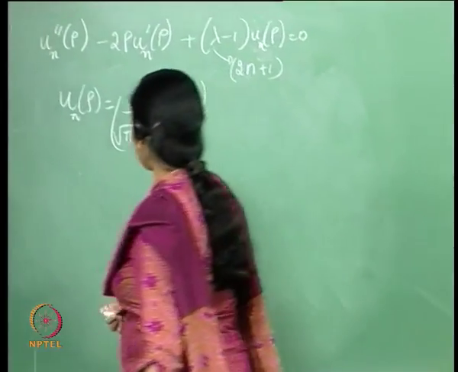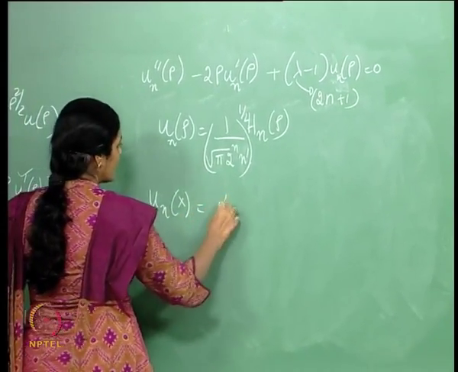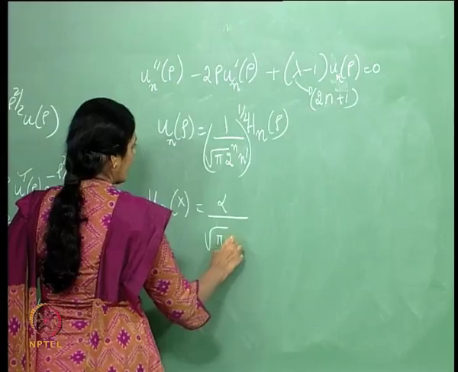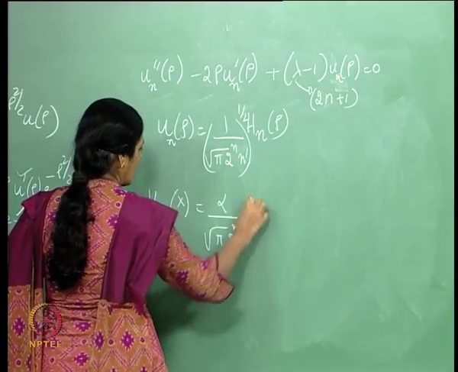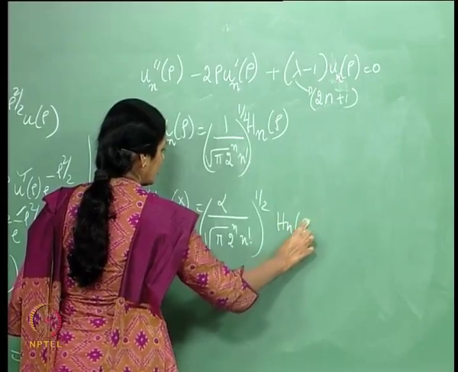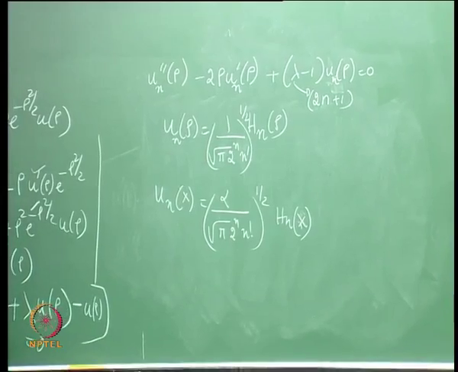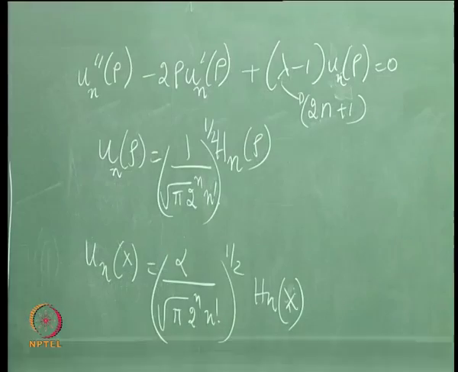I need Un of x, and since rho is equal to alpha x, Un of x is alpha by root pi 2 to the power of n factorial to the power of half Hn of x. So this is what I have, and this is normalized to unity.